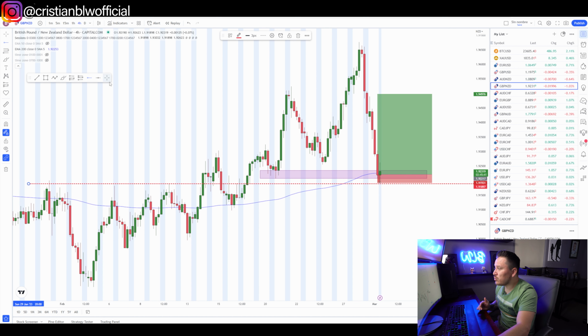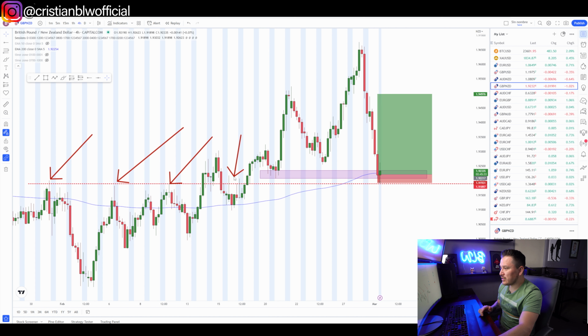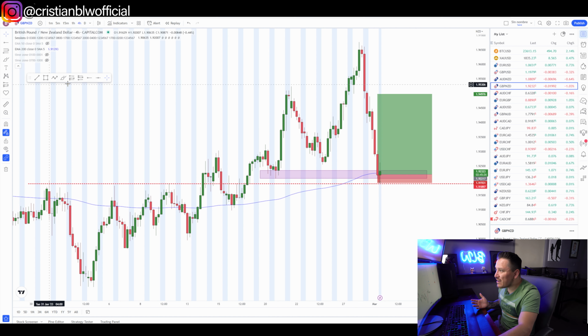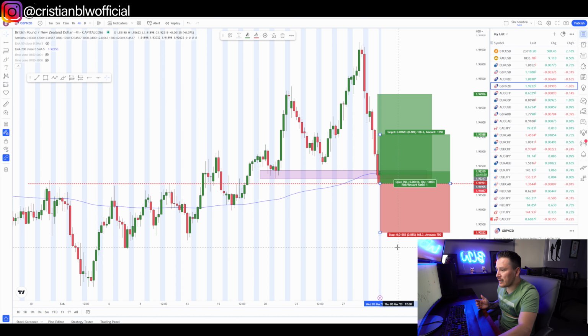The reason why: resistance respected many times. So that seemed like a slightly safer entry point. If I had done that, then the trade would have been activated like it did just now. Probably my stop loss would have been somewhere around here.